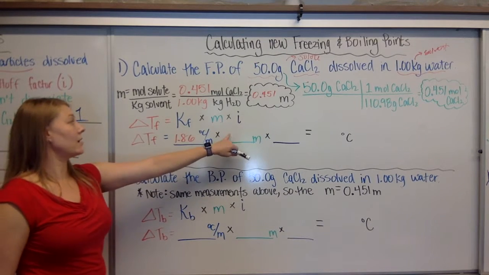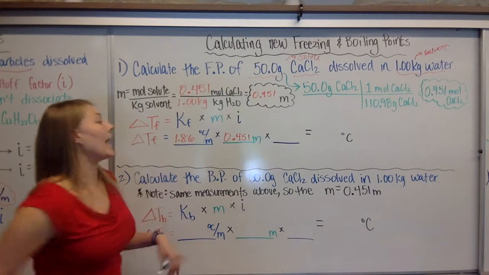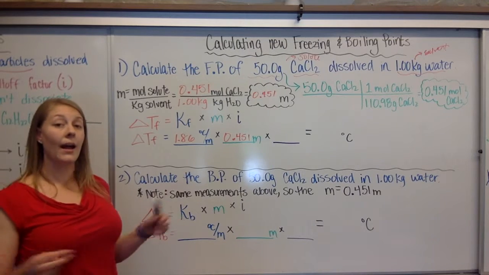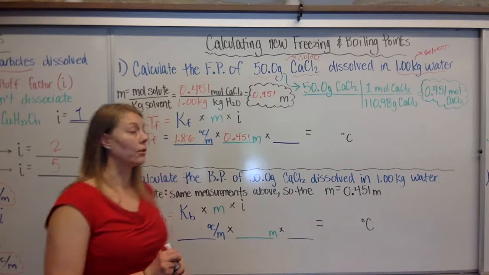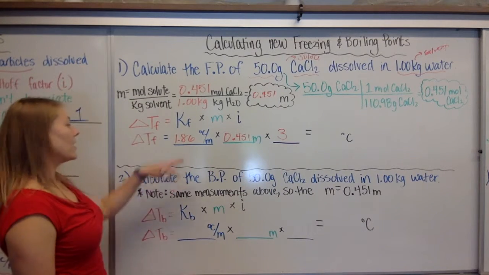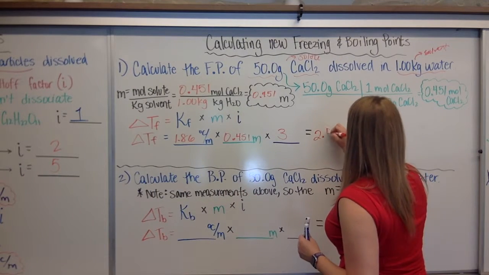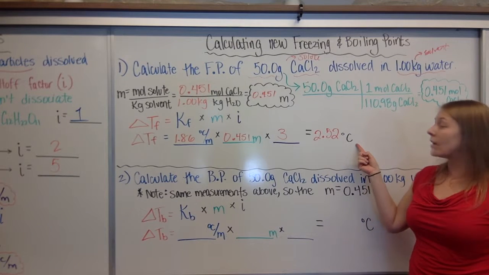Plug in the molality, which we calculated to be 0.451 molal, and plug in I. Well, we have CaCl2. How many ions will this dissociate to? There's 1 calcium, 2 chlorines, or chloride ions, for a total of 3. Multiply this out, and you get 2.52 degrees Celsius. Well, that's the change in freezing point.